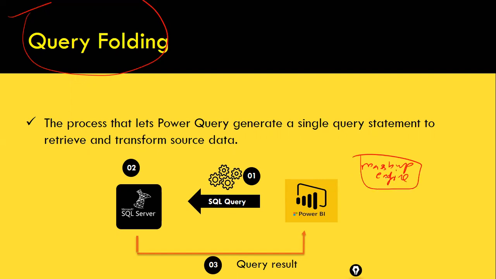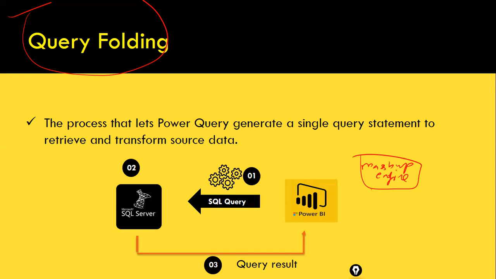For example, I want to change the data type of a column, and when I create a visual and use those columns, it will generate the query and send the query to your SQL server, and the query will get executed there. The output of this query will be sent back to your Power BI Desktop or your visuals. So Power Query will automatically execute the query folding if the source is a database.